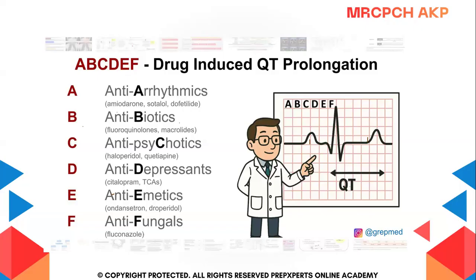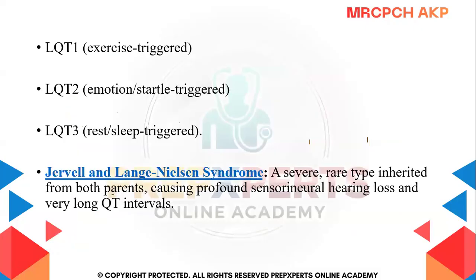There's haloperidol and quetiapine, and then antidepressant TCAs are very commonly asked, and then antiemetics like ondansetron, and nowadays they say that domperidone is also responsible for prolongation of the QT interval. And then antifungals again can cause prolonged QT interval. So they are asked in the exam. So you should know that.